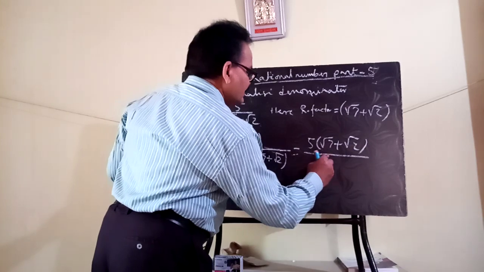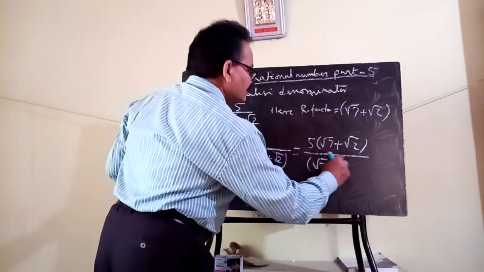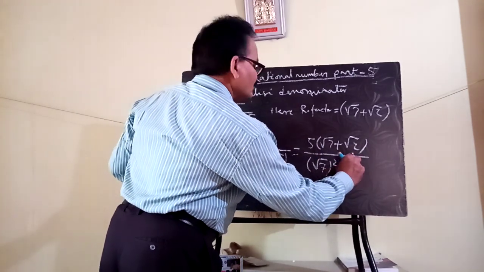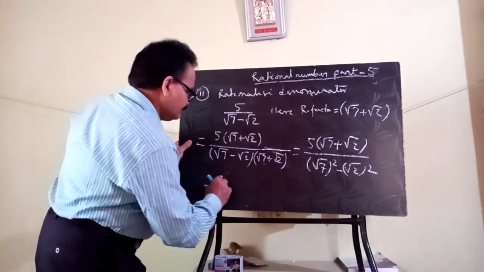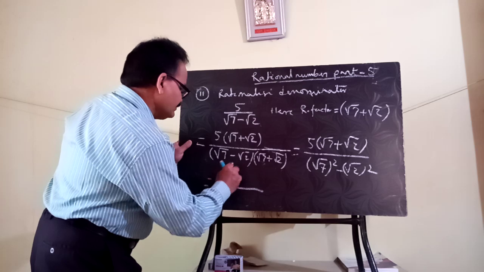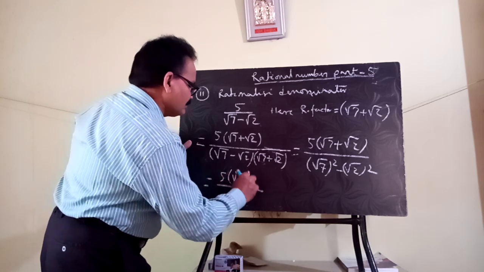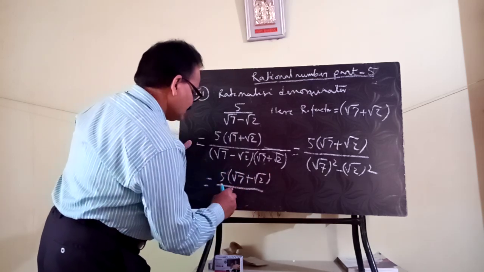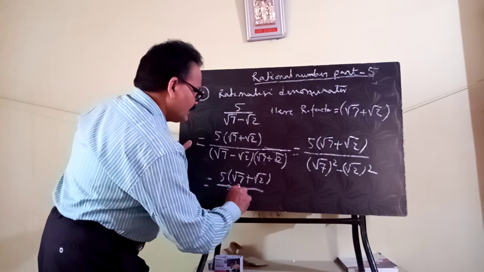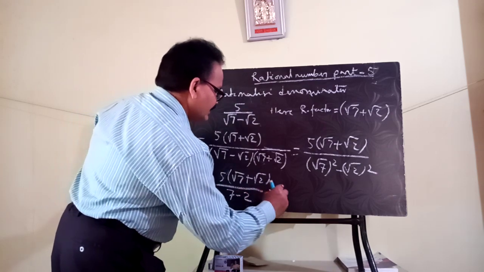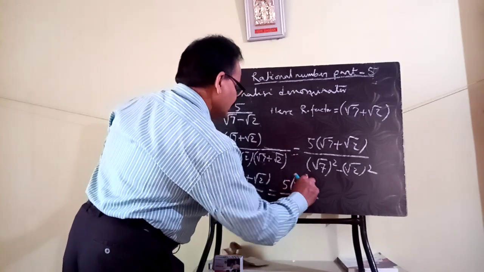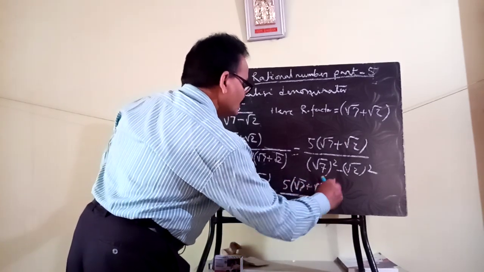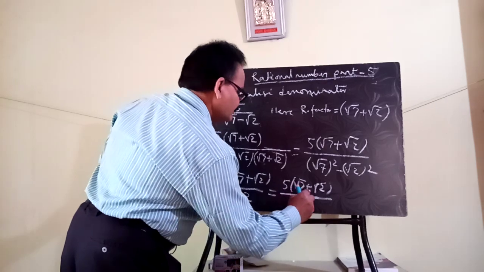This will become root 7 square minus root 2 square. So the final answer becomes 5 under bracket root 7 plus root 2, over 7 minus 2. Again this is 5 root 7 plus root 2, and this is 5.